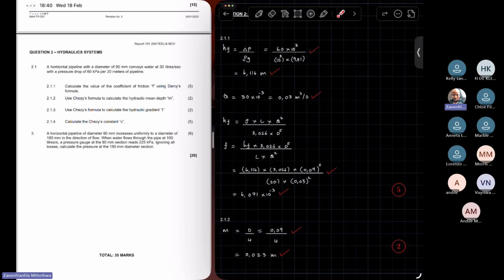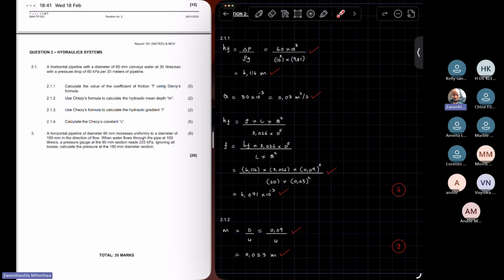In this case, for instance, you've been given Q, so it makes it convenient for us to use Darcy's formula that is in terms of Q. It's convenient because you don't have to first calculate the velocity before using Darcy's formula that is in terms of velocity.